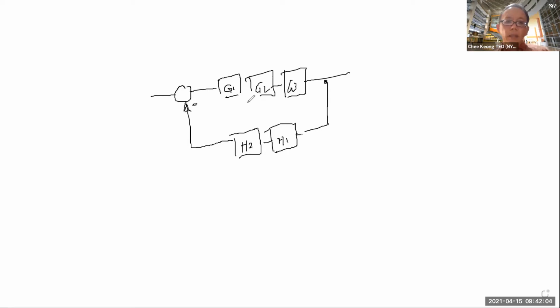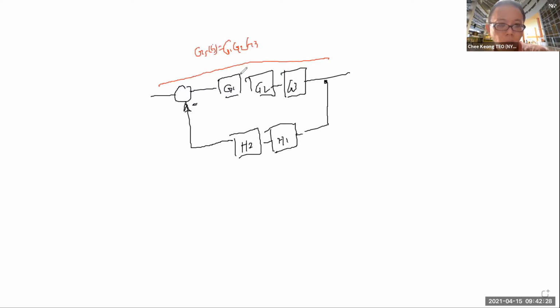Now, what is the open loop gain for this case? Open loop gain is pretty straightforward. Basically, it is the gain experienced when we move along the forward path, which is G1 times G2 times G3. If I call it G of S, then G of S is equal to G1 times G2 times G3.